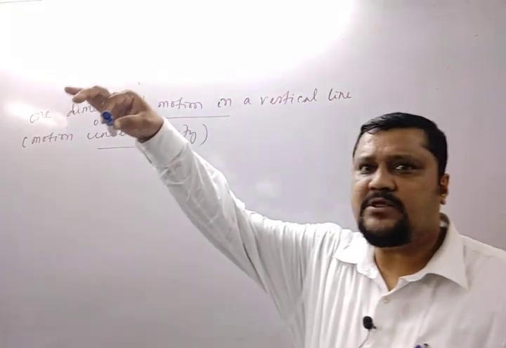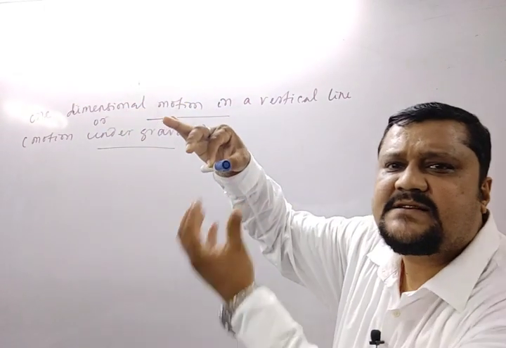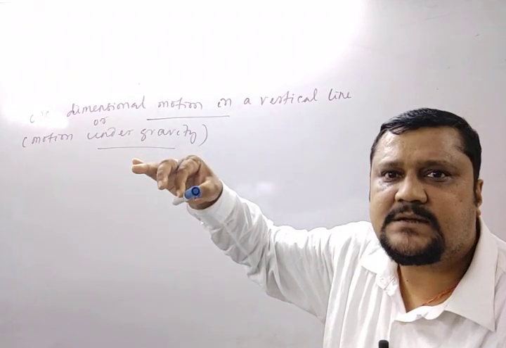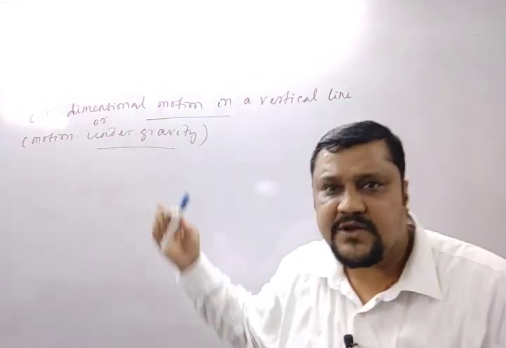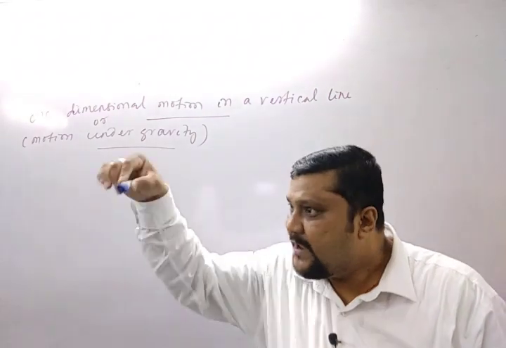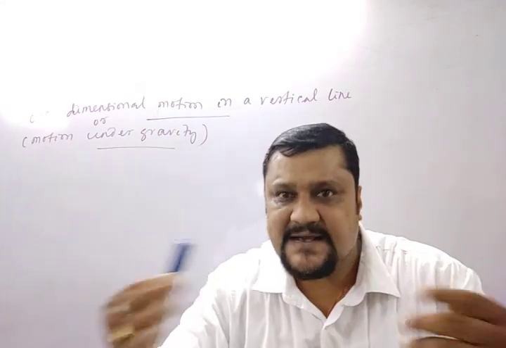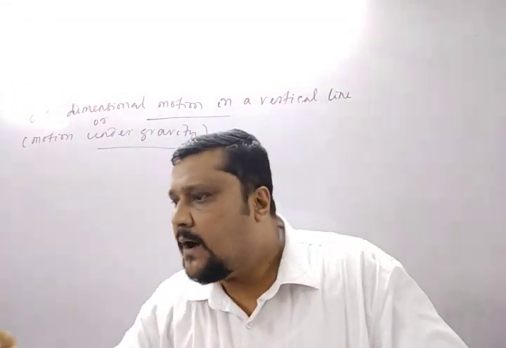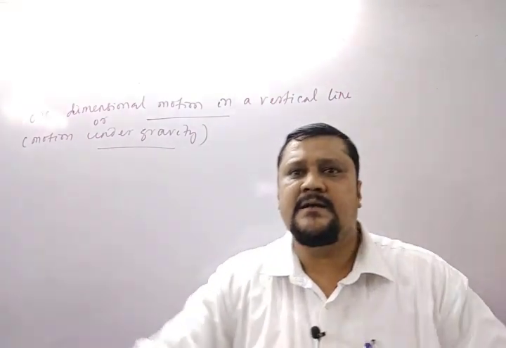Means if I allow the body to fall, it falls because of the earth's gravitational force of attraction. So this motion is called motion under gravity, or a free fall. And during the free fall, no other force is considered. For example, we are not considering the resistance of the air in the surrounding.